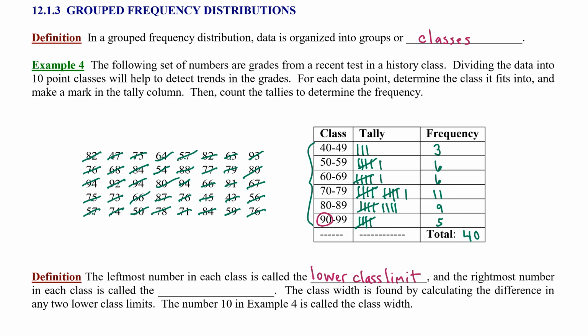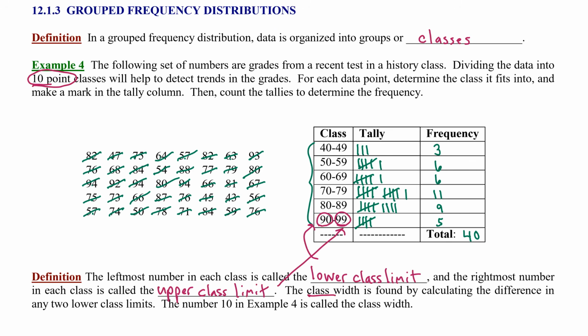And the rightmost number in each class is called the upper class limit. So in the case of the class that we're considering, the upper class limit here would be 99. Now remember, the example told us that these were 10-point classes. But 90 to 99, if I find that difference there, it's only a width of 9.